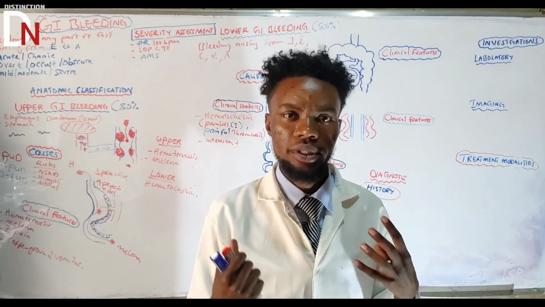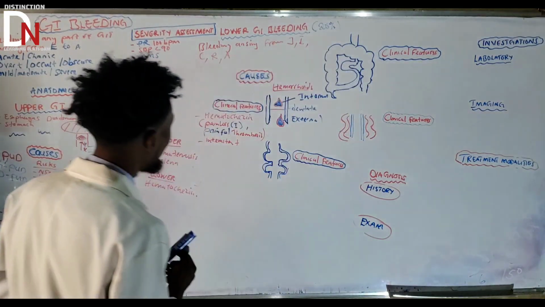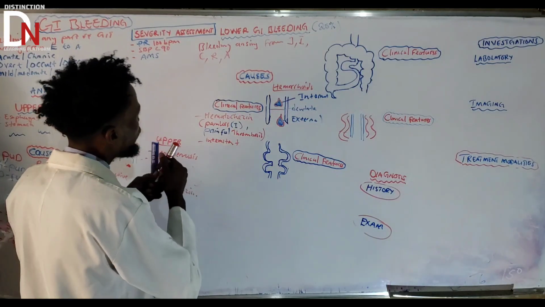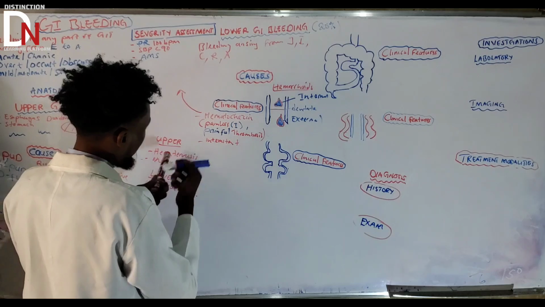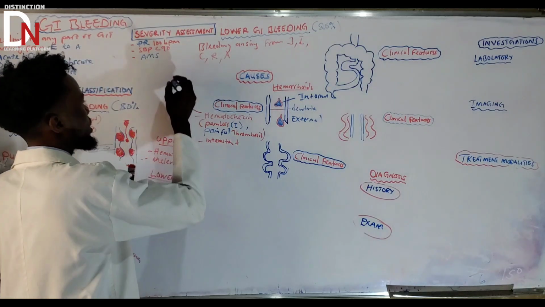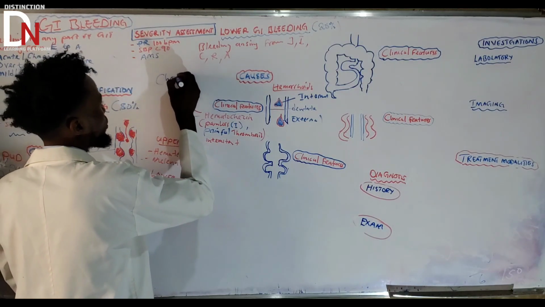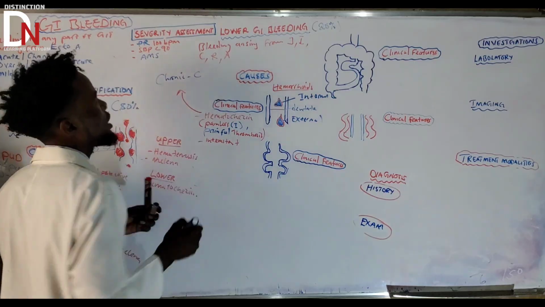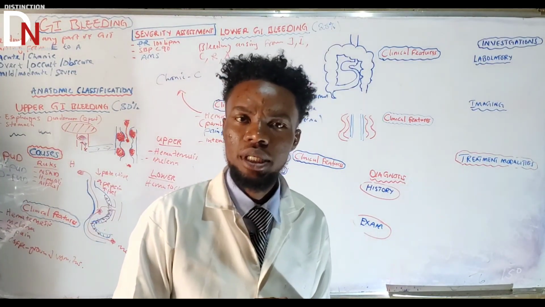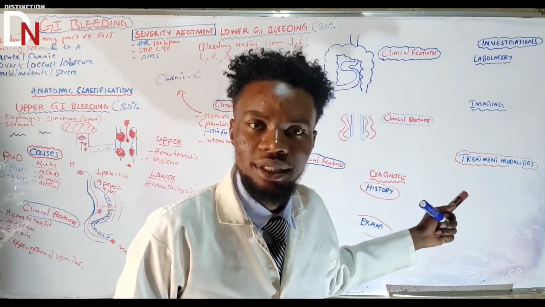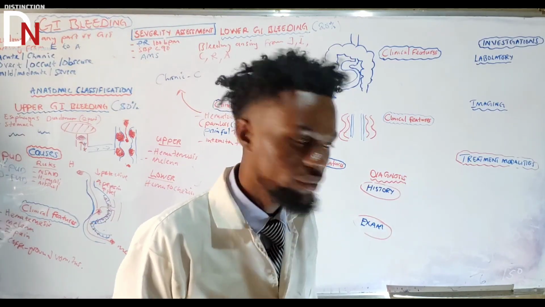Now, a question that you can ask is what could cause this hemorrhoid that we're talking about? Let's talk about these causes. The first important cause has been related to chronic constipation. Someone who has chronic constipation is at increased risk of developing hemorrhoids.